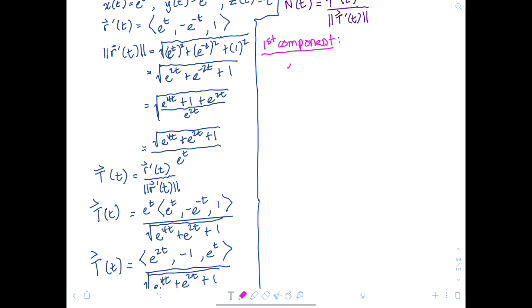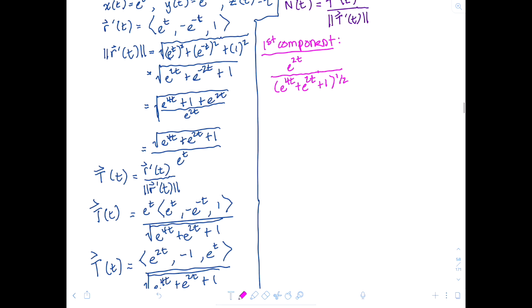It's really going to be e to the 2t divided by quantity e to the 4t plus e to the 2t plus 1 to the 1/2, for the first component, and we need to find d/dt of this. Cool?